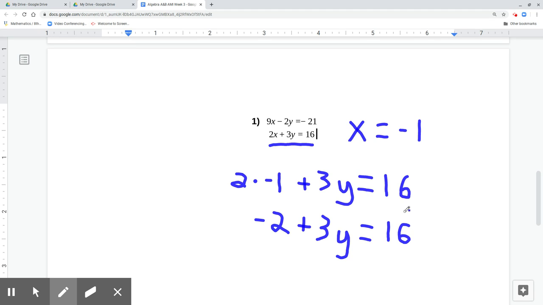Now we're ready to use inverse operations. The first thing we're going to do here is add 2 to both sides. That is going to leave us with 3y is equal to 18.